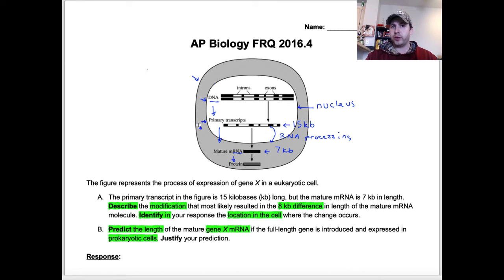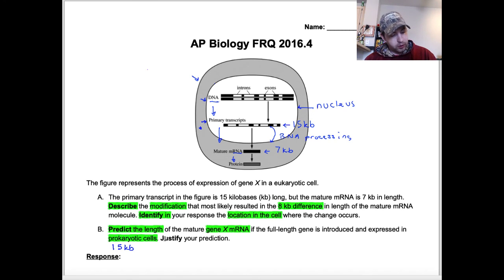However, a prokaryote doesn't have that nucleus to segregate those two particular processes. So a prokaryotic cell is actually going to translate any mRNA expressed. They don't process that or remove any introns. Because they don't do any of the mRNA processing, I'm going to predict that that length is going to be 15 kilobases long because there is no editing going on.